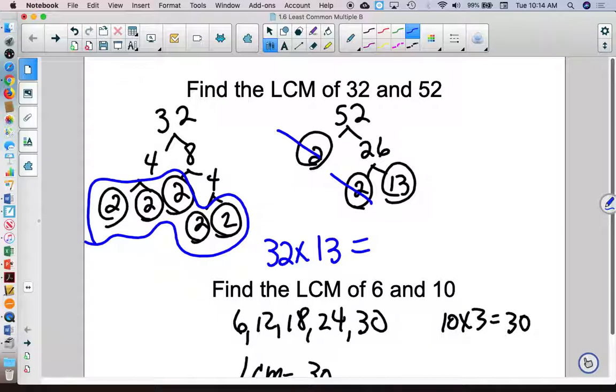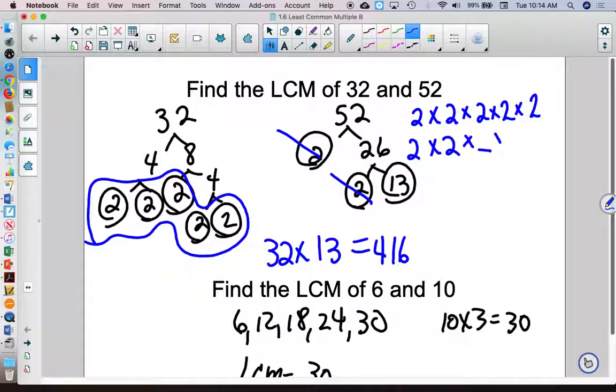That is the easiest way to do that. However, if you always want to go, well, here's my prime factorization, and I'm perfectly fine with this. 1, 2, 3, 4, 5. And then here I've got 2 times 2.